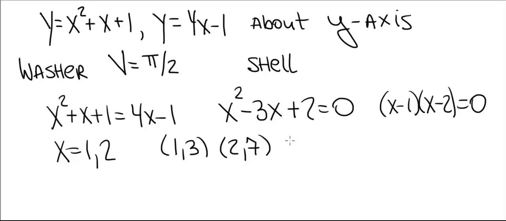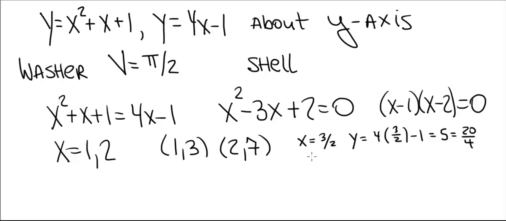Now, we need to know which is on top on the graph: is the parabola above the line or vice versa? To find that, you pick a value of x between 1 and 2. So say we pick 3/2. Let's plug it into the line first. We get 4 times 3/2 minus 1. That's 5, which is 20 over 4.